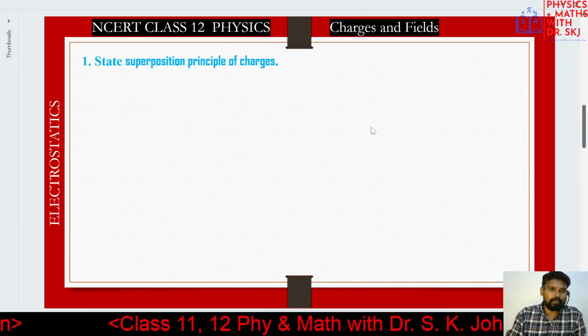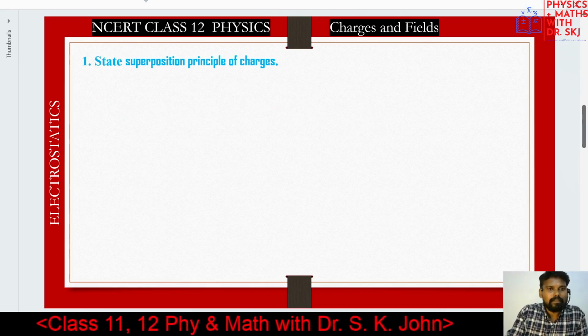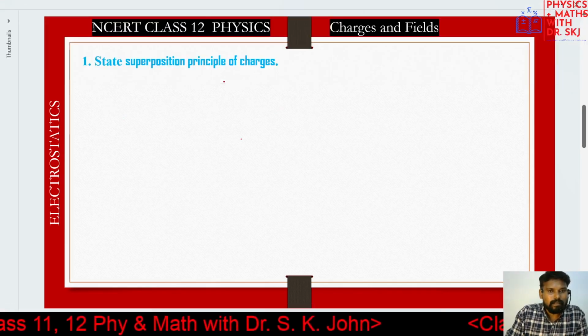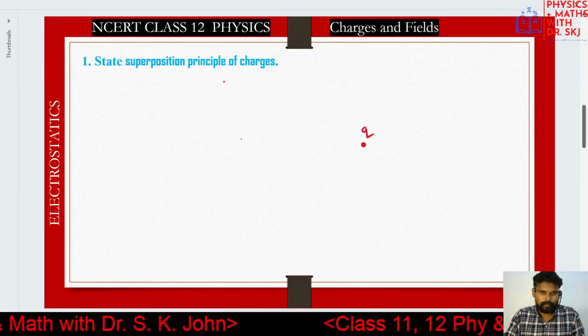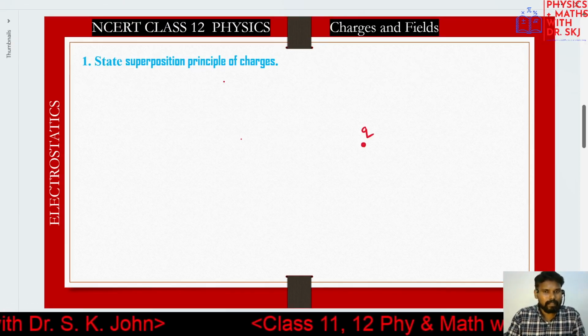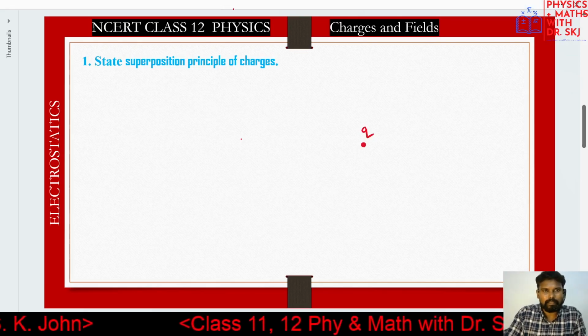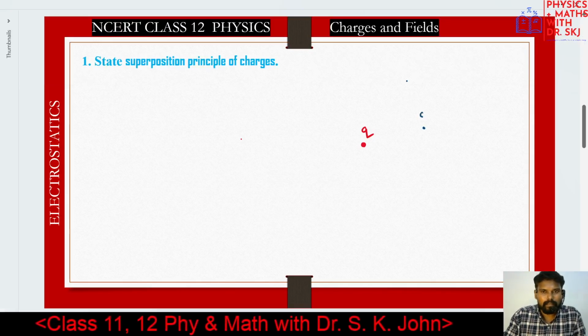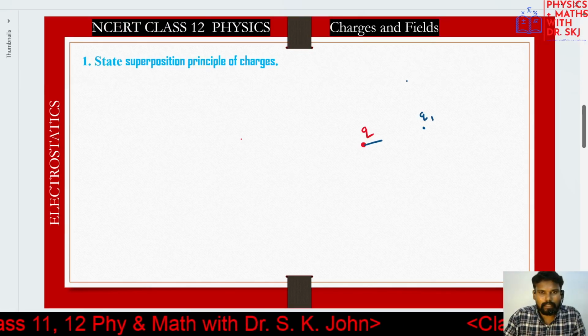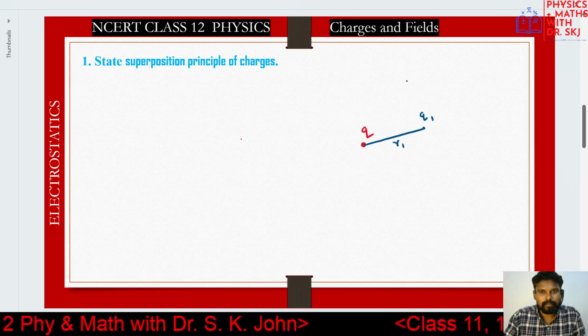So, what is the superposition principle? Let me explain the statement. Suppose there is a charge q. Around this charge q, there are a number of charges. There is a charge q1 at a distance r1.